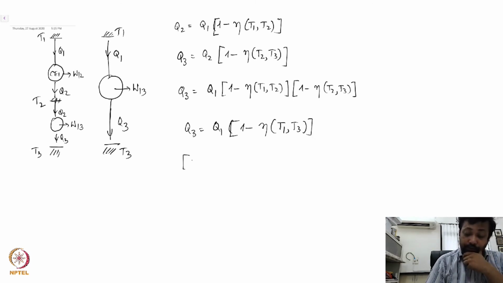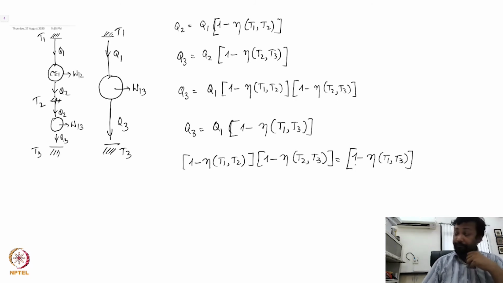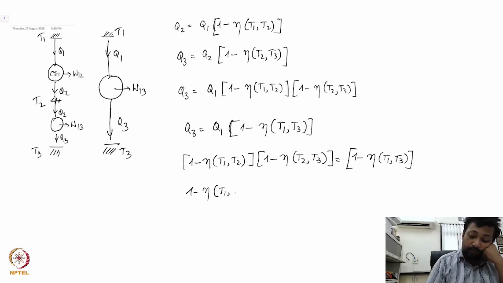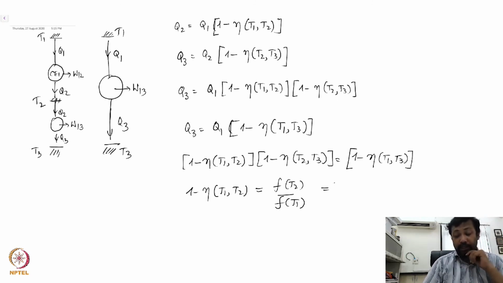Equating these two equations, it follows that 1 minus eta T1,T2 times 1 minus eta T2,T3 must be equal to 1 minus eta T1,T3. Now this equation is clearly satisfied if 1 minus eta T1,T2 is equal to f(T2) over f(T1), so that there is a mutual cancellation on the left hand side, and what is left after the cancellation is only a function of T1 and T3. And conventionally, this is taken to be T2 over T1.